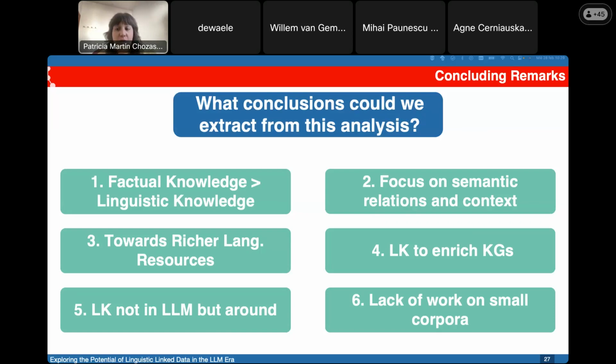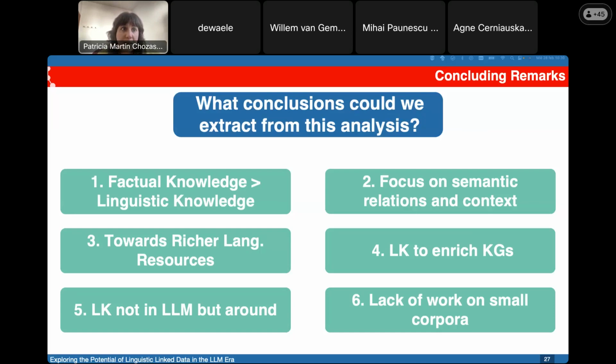So if we think of a glossary, we don't usually find these elements inside. We can find maybe a small definition, a translation, but not really semantic relations and other kinds of contextual knowledge.